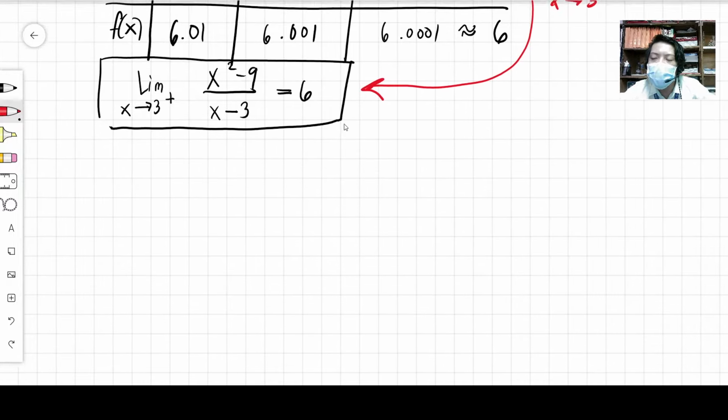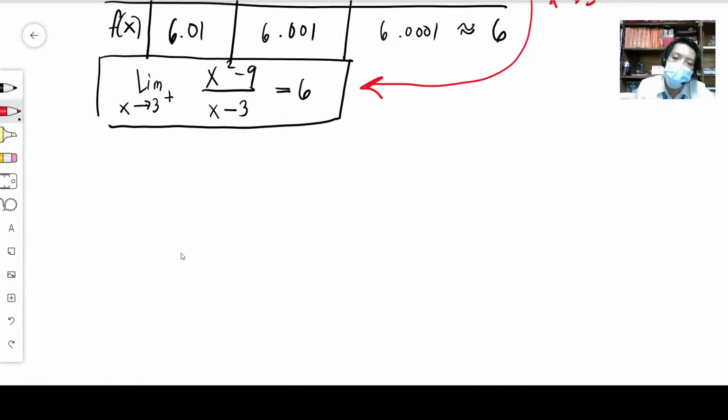This is the limit of x squared minus 9 over x minus 3 as x approaches 3. Earlier we got an undefined value, but it turned out that the value of the limit is equal to 6.